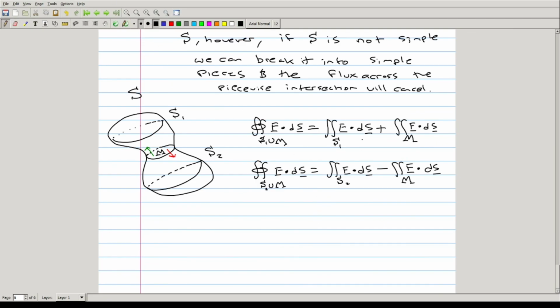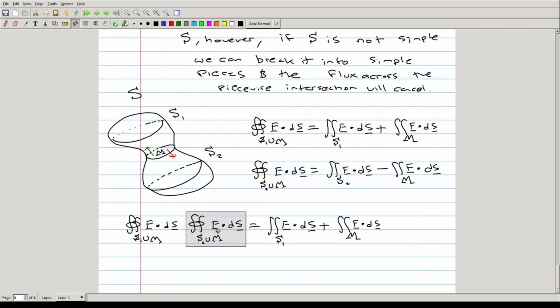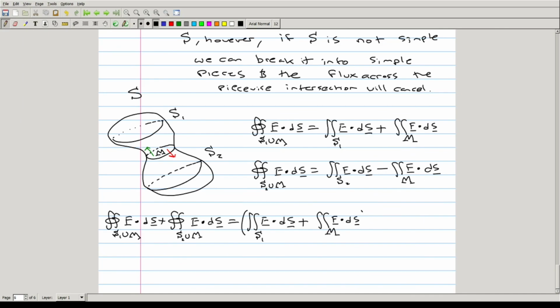And because it's the same surface, when we add these two things together, we end up getting that the sum of this plus this is the same thing as this sum plus this right here.